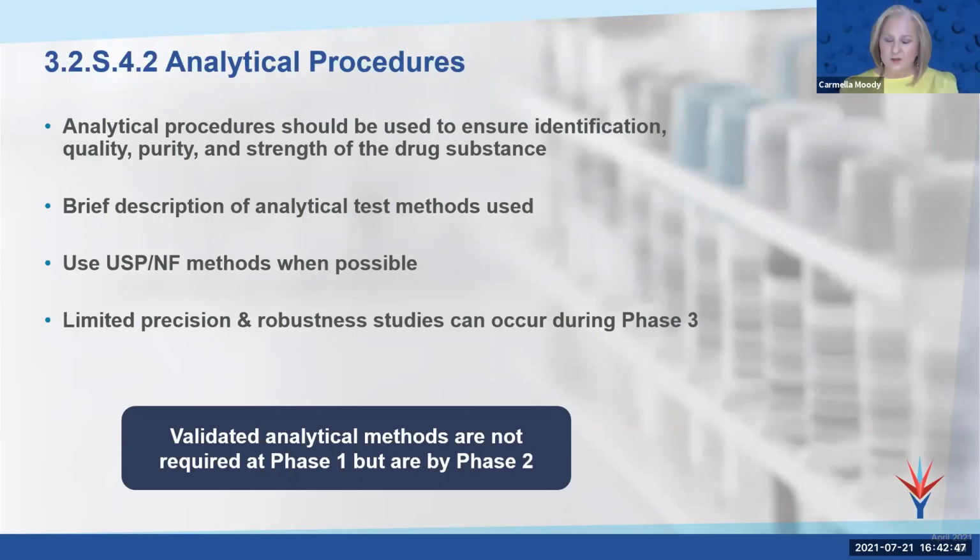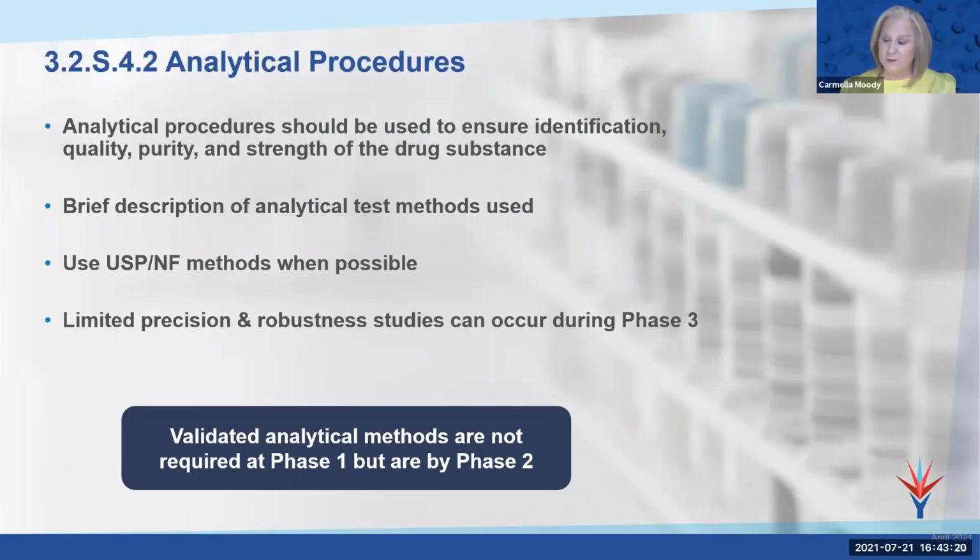And the other thing that's really important is it's a bit harder for folks that are doing gene therapy or biologics manufacture, because oftentimes their methods have to be very specialized for your process. But we always check to see, look in the USP NF, okay, and use USP NF methods when possible.